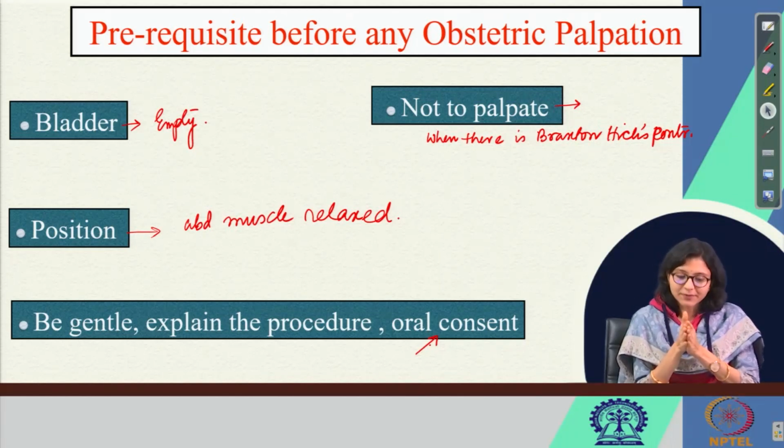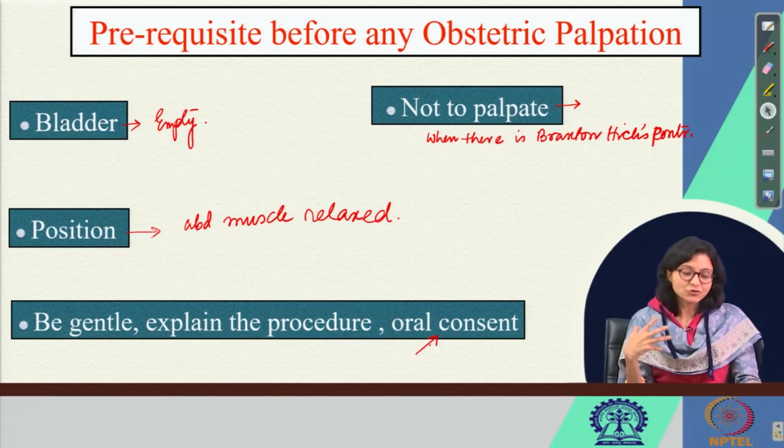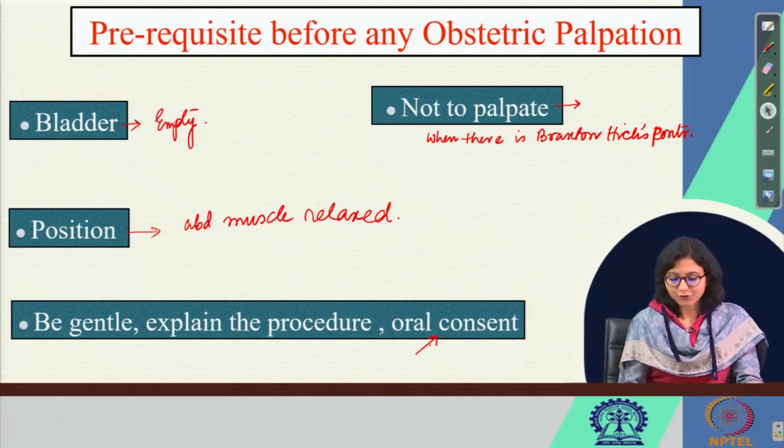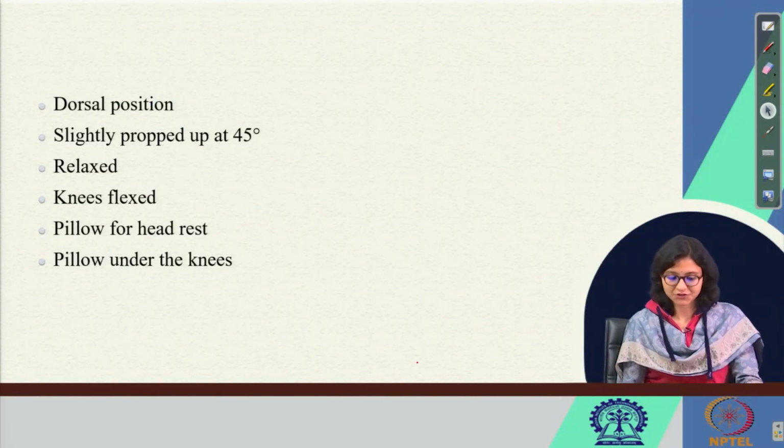So rubbing the palms will help to increase the temperature, and that will not excite the uterus, as any decreased temperature can cause uterine contraction. So rub the palms before going for the examination. So these are the things that you do before examination.